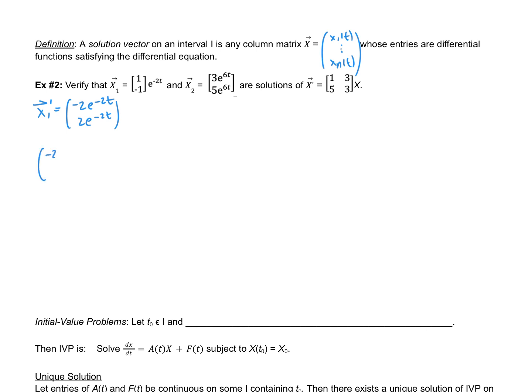So I have -2e to the -2t and 2e to the -2t, and I want to know, is that equal to my matrix 1, 3, 5, 3 multiplied by x?